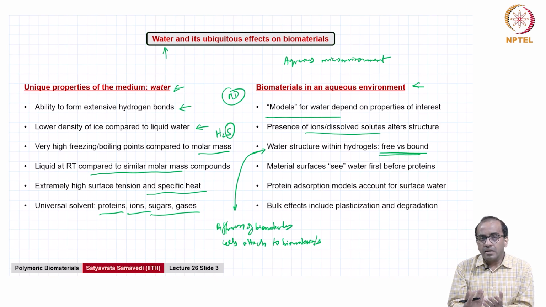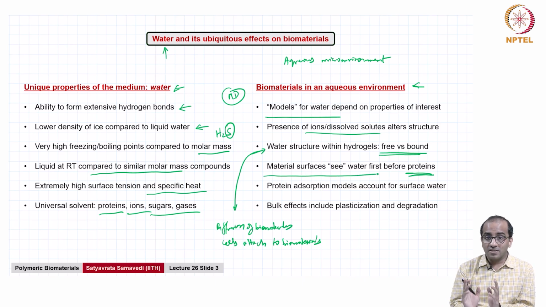And once you implant materials, or you put them in cell culture, the first thing that we have hinted at in earlier lectures is that proteins are going to come and adsorb on the surface. But before proteins can come and adsorb, the material surfaces usually first see the water.